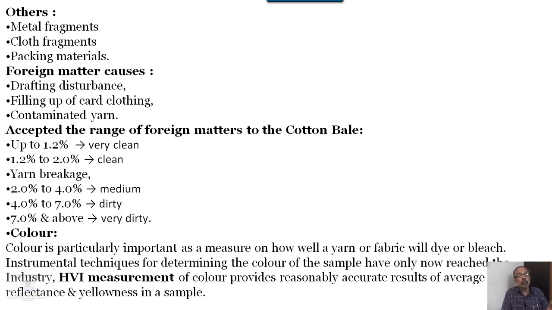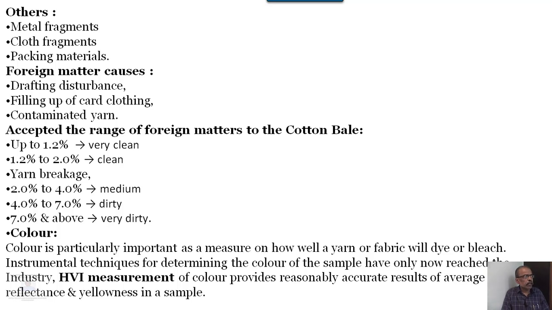When 2% or more is there, a medium level of yarn breakage will occur. If 4% to 7% is present, it can be said to be very dirty, and 7% and above is very dirty. So these varying trash contents are there in our own cottons.